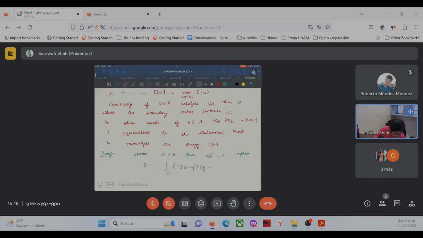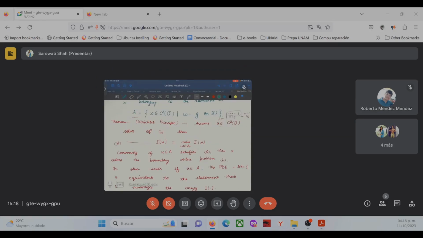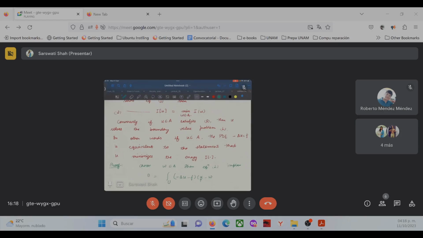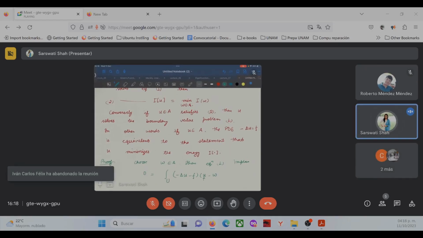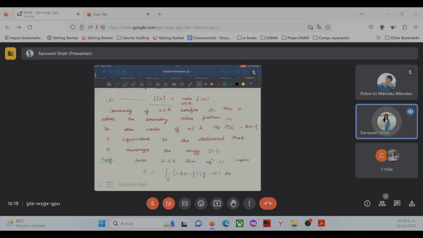U is the solution of equation number first, isn't it? Here we are assuming that U belongs to C2 of U bar and it solves equation number first. So U minus W, where W is coming from the admissible set. Our aim is to prove that I of U is the minimum of this energy functional where W is coming from the admissible set. So dx. Just open this operator.